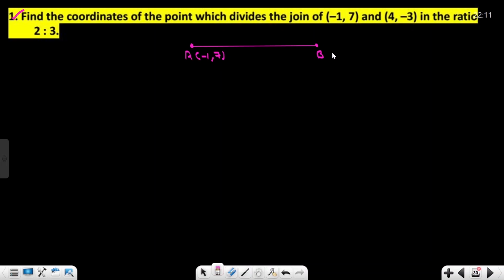The second point is 4 and minus 3. So look here, two points, so give here x1, y1, x2, y2.